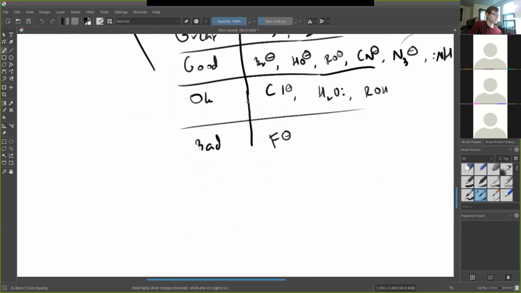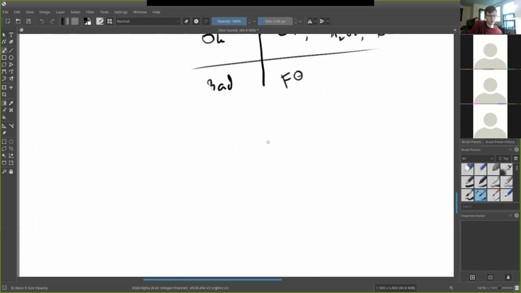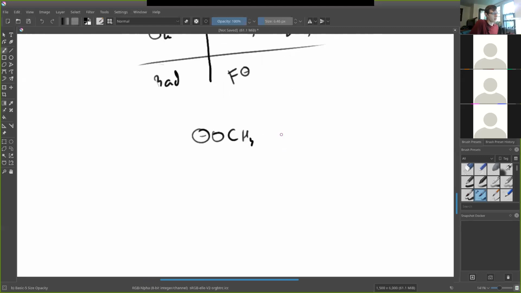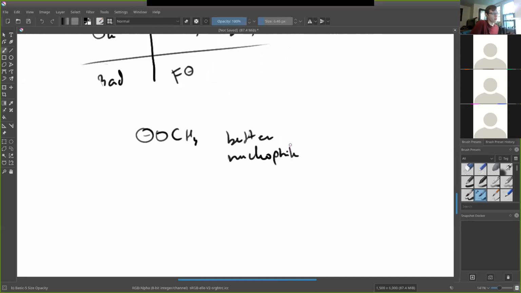And then I should also mention, or let me make this an even more explicit example. So OCH3 minus, right? This is a better nucleophile, for example, than something like O minus tert-butyl.